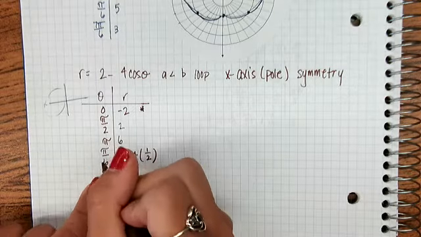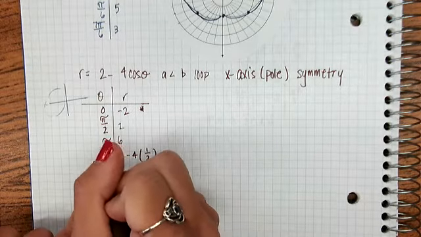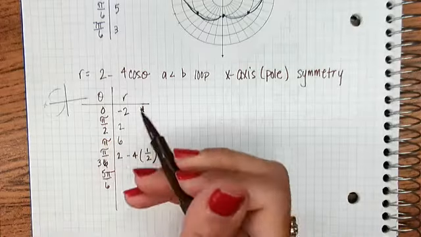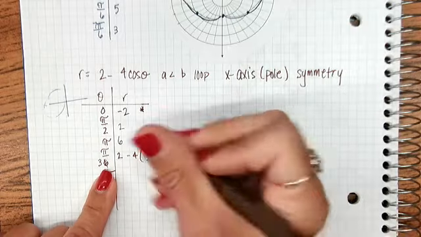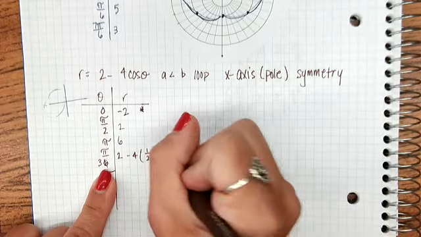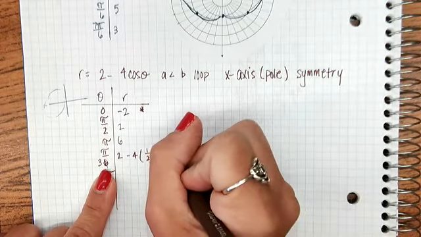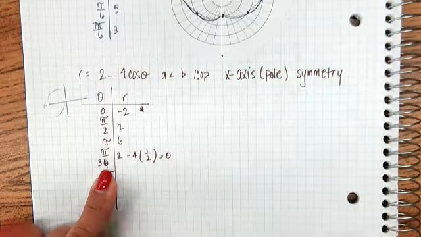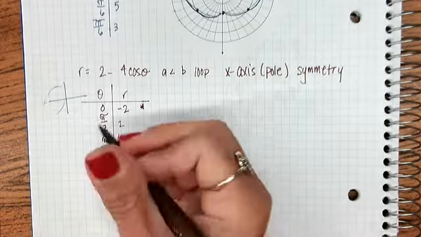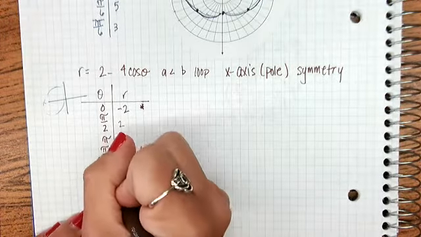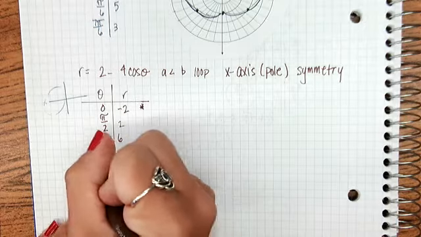This should be pi over 3. The cosine of pi over 3 is 1/2. So this is 2 minus 4 times 1/2, 2 minus 2, this is 0. So this should be 2 pi over 3. Sorry about that.